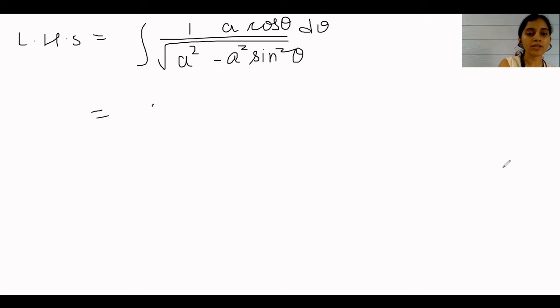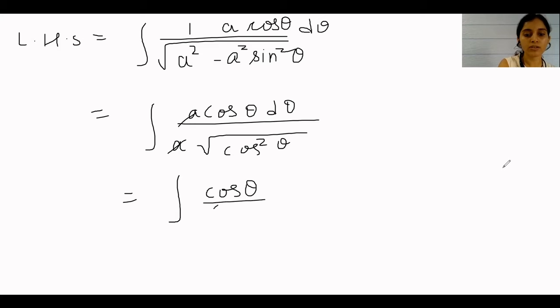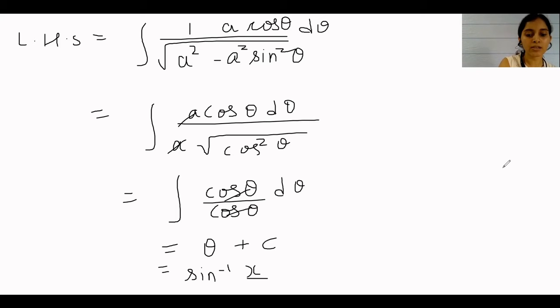So we have integration of a cos theta d theta divided by a square common, so a comes outside, root of 1 minus sine square is root of cos square theta, which will be integration of cos theta upon cos theta d theta. It cancels out. What is the integration of d theta? Theta plus c. Let us substitute theta. It will be sine inverse x by a plus c. That is your LHS, which is equal to your right hand side.